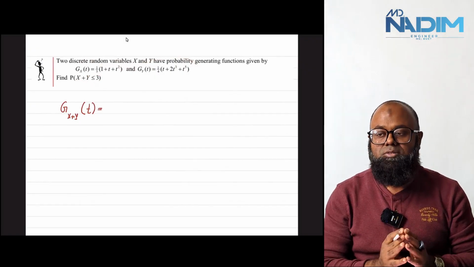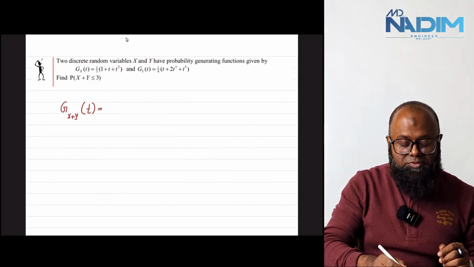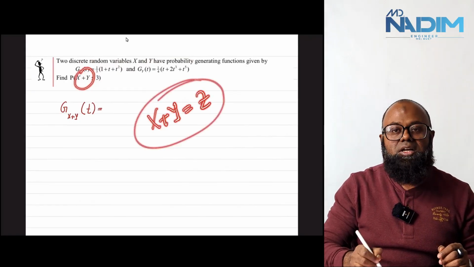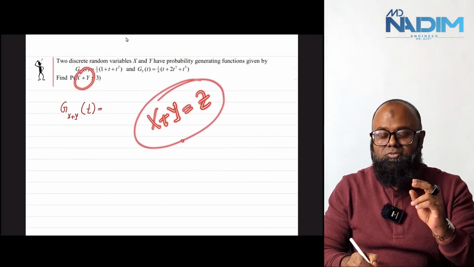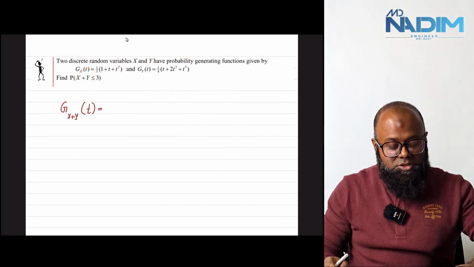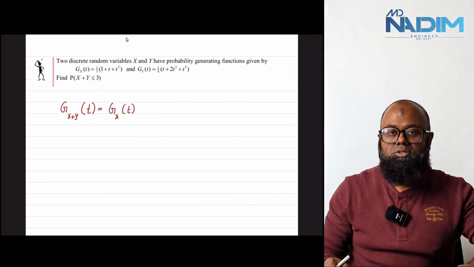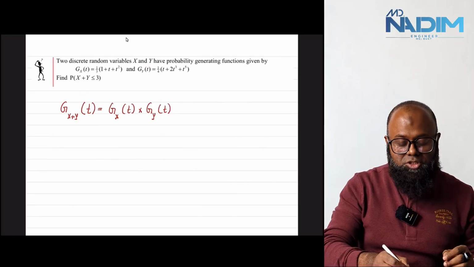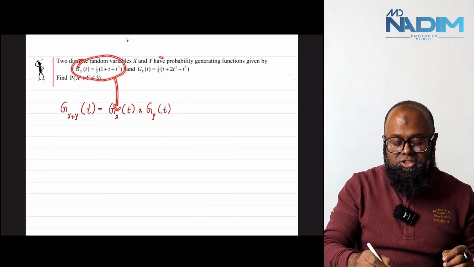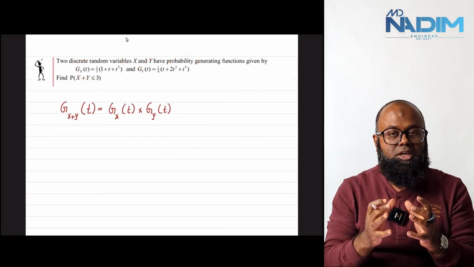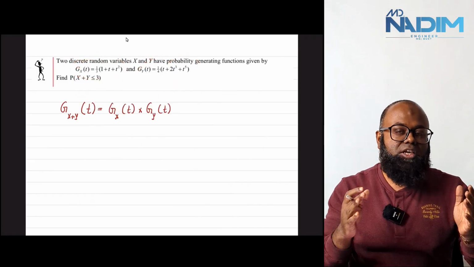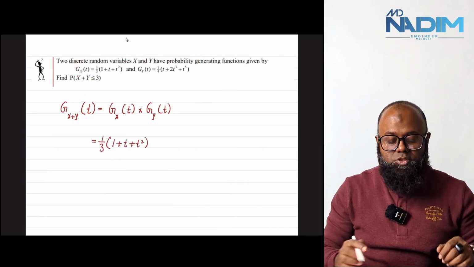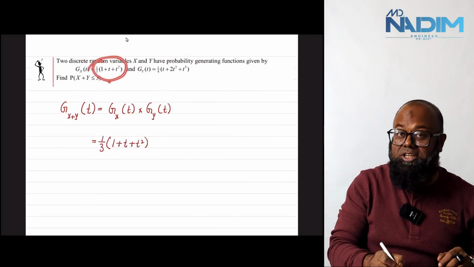Now, as you are asked to find the probability of this variable, X plus Y can be written as Z, the sum of two random variables. Now, we know the formula that this would be equal to G of X times G of Y. Now, simply put the expressions of G of X here and G of Y here and then multiply and expand it to get the expression for G of X plus Y. So, we will be getting this one is the G of X as given in the question.